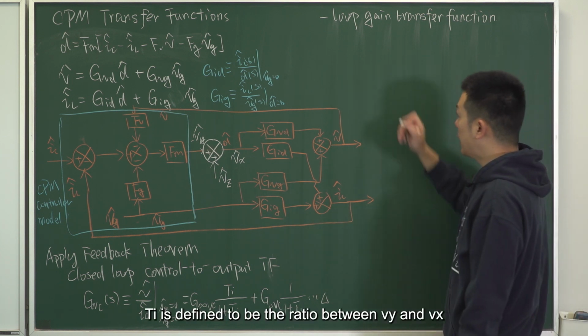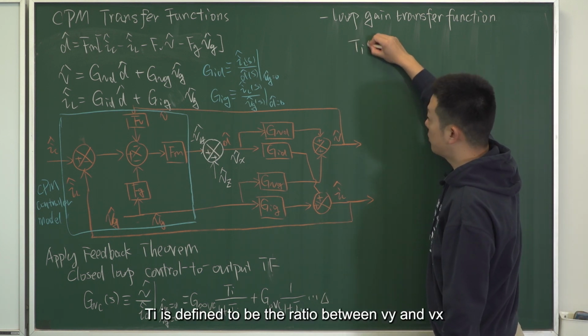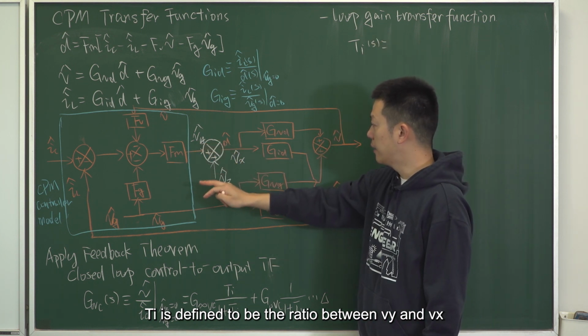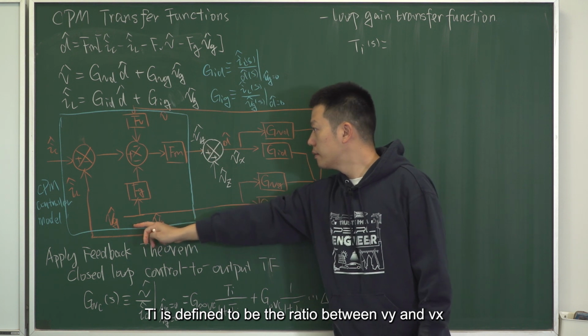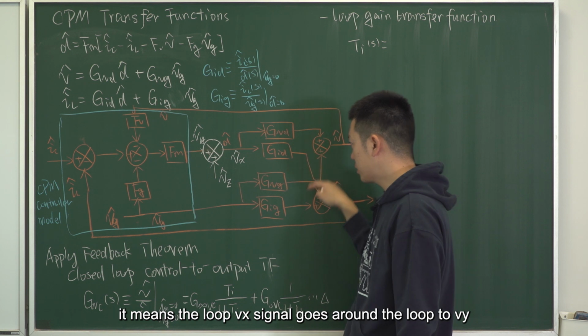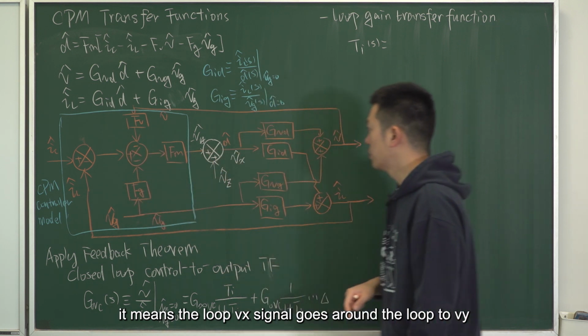So basically, Ti is defined to be the ratio between Vy and Vx. This means the Vx signal goes around the loop to Vy.